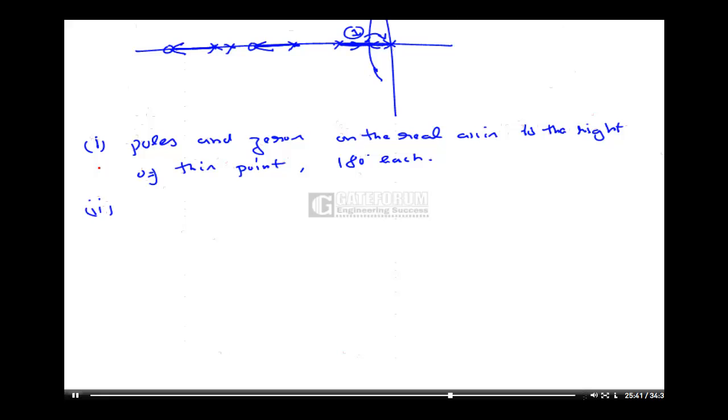The poles on the left hand side contribute an angle of 0 degrees each, and the complex conjugate poles will always contribute an angle of 0 degrees.